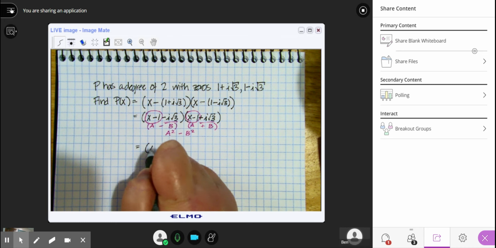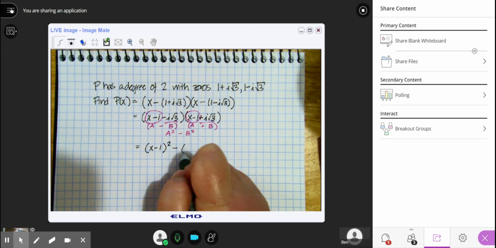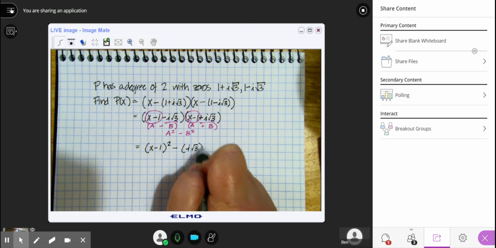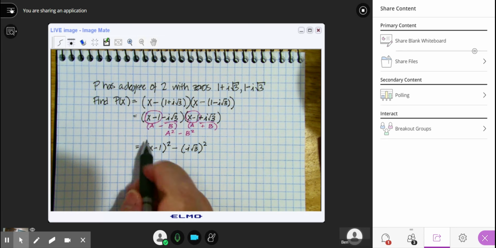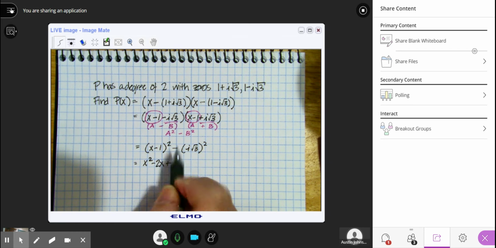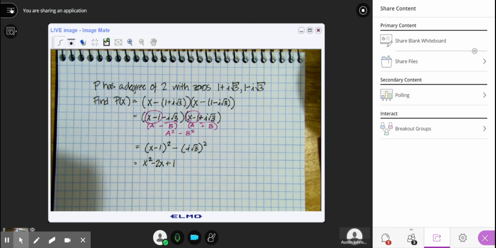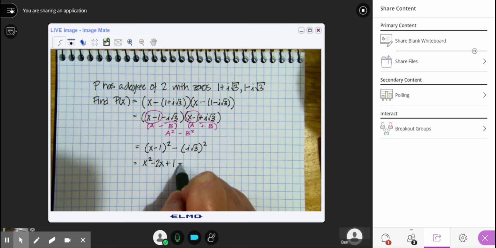So I can think of this as X minus 1 squared minus i square root 3 squared. Now X minus 1, when I square it, is X squared minus 2X plus 1, minus, from that guy, when I square an i, I'm going to get a what?